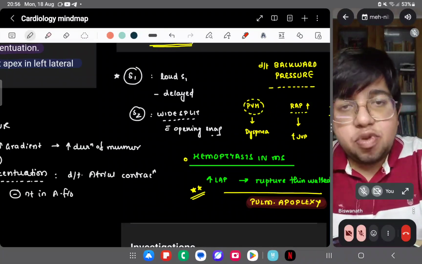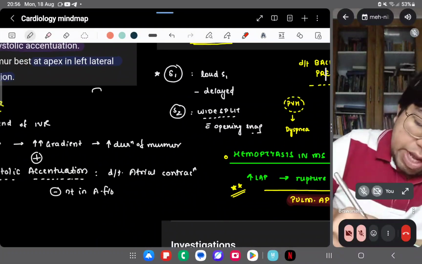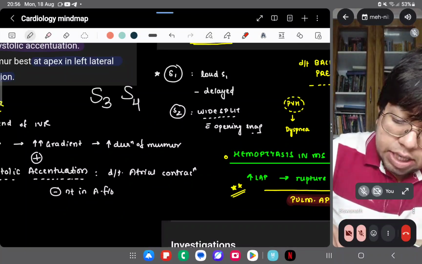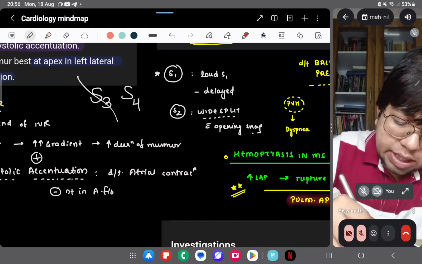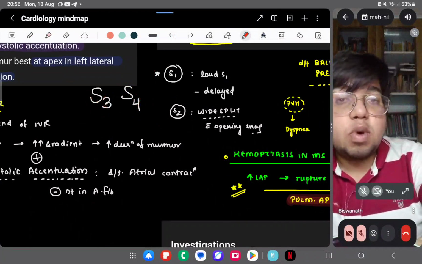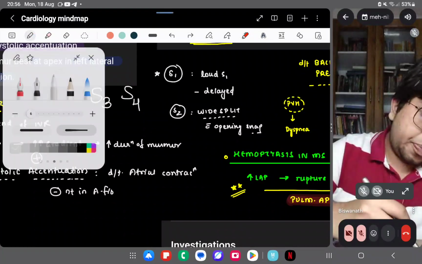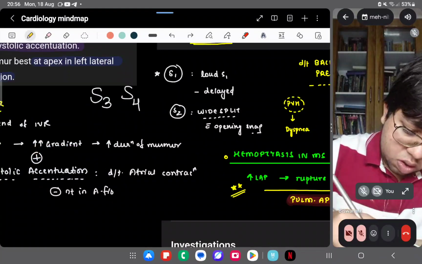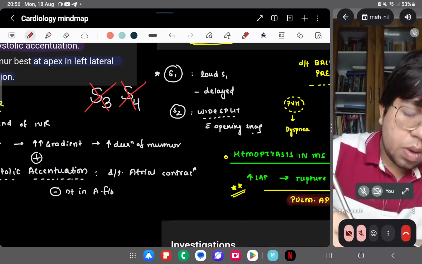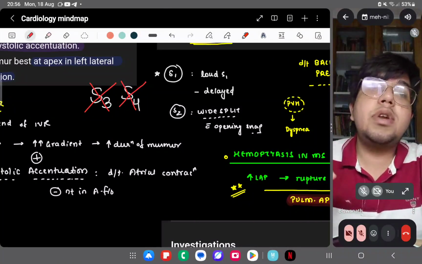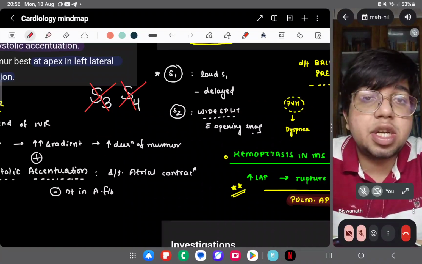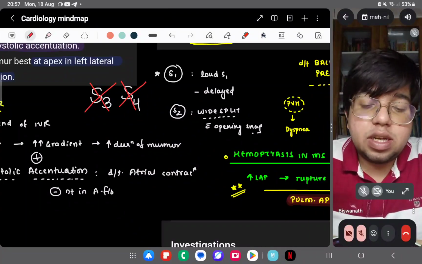S3 and S4, remember, won't be heard. If you had S3 and S4 in this type of patient, it would be a big blunder. S3 and S4 won't be heard at all, because they are heard only when there is a non-stenosed valve, as with the dilated, non-compliant ventricle.